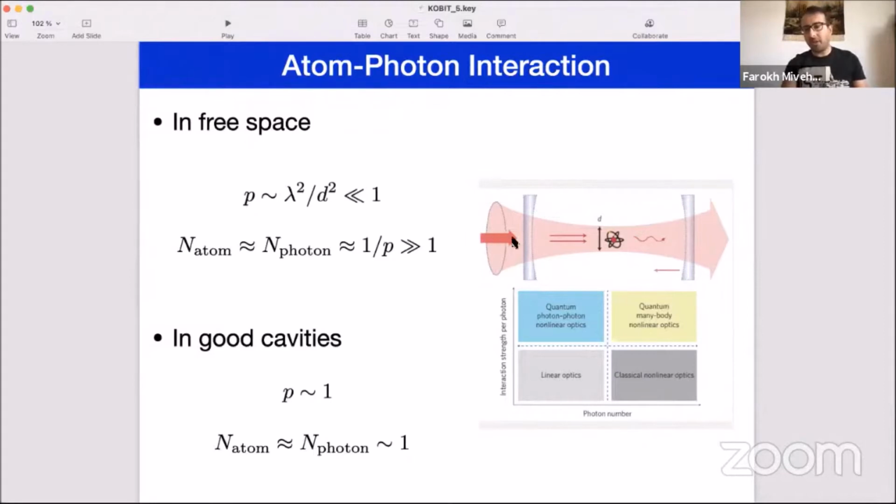However, if the radiation field is confined within a cavity, the photon travels many times inside the cavity before leaking out of it. This increases the atom-photon interaction probability significantly and reaches almost 1. So in this regime, a single atom and a single photon is enough to see a nonlinear effect.